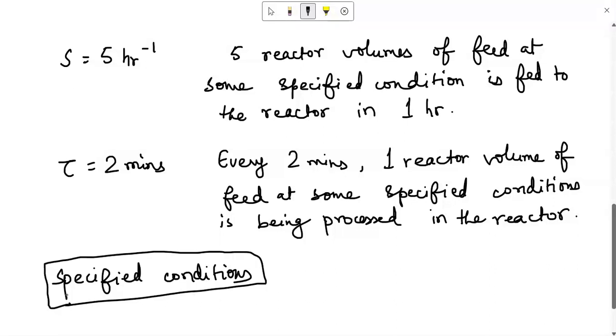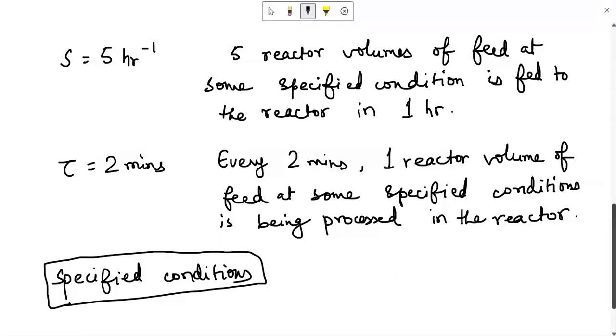When we are studying reactions, we may randomly select the temperature, pressure and state, like whether it's a gas phase reaction, a liquid phase reaction or a solid phase reaction, and we can choose this randomly to measure the volume of the material that is being fed to the reactor.